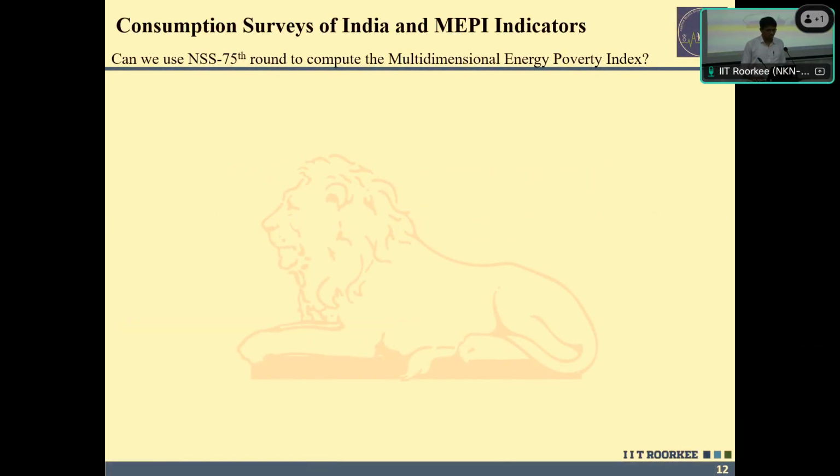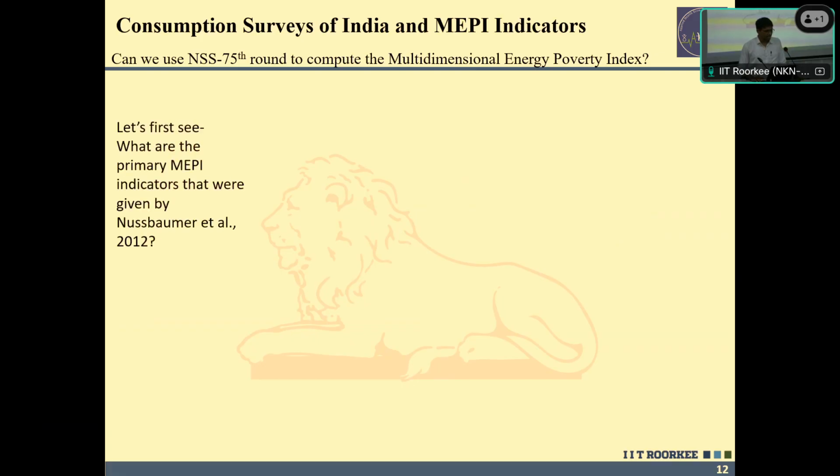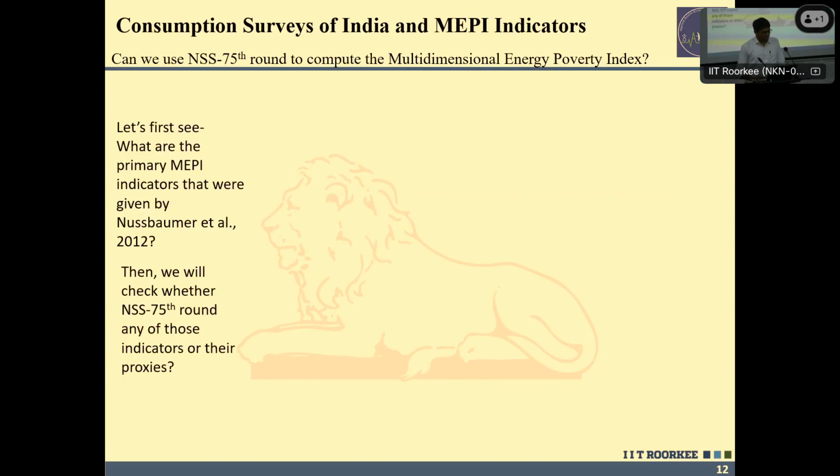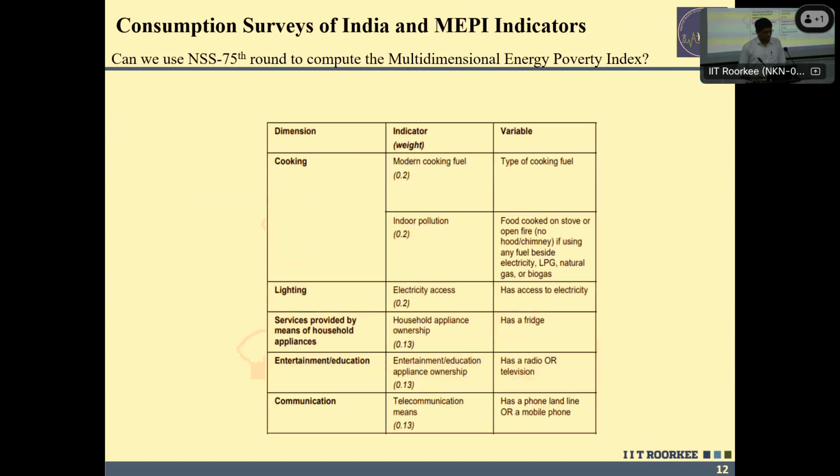I'll show you, and we'll also clarify on our 5th day while explaining how to compute the energy poverty index. So we check these with reference to the November 2012 indicators for the MEPI. So these are the ones.